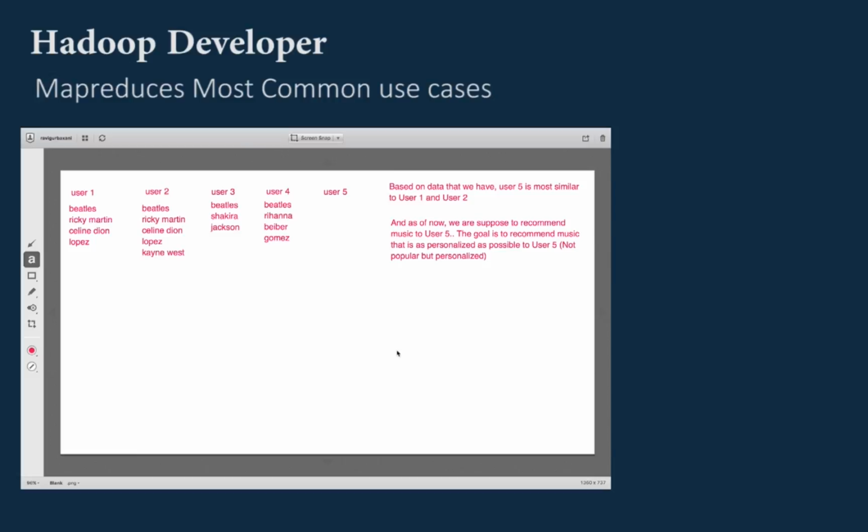Looks like user 1 and 2 both have Beatles, so let's recommend Beatles. But hold on. Our real goal is to give a very personalized recommendation. But Beatles is not personalized because Beatles is everywhere, so probably it's less important.